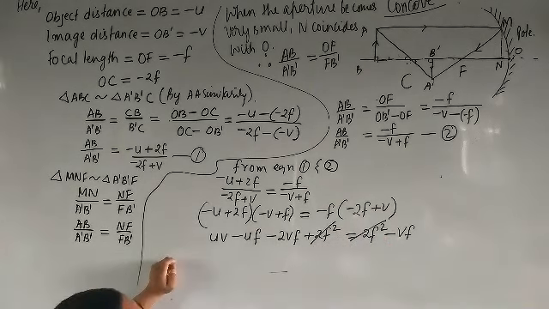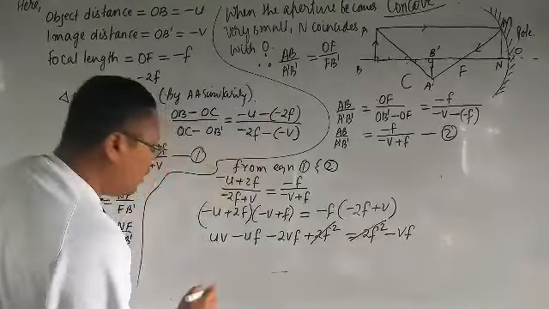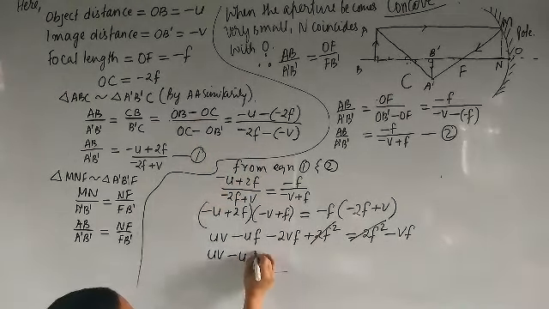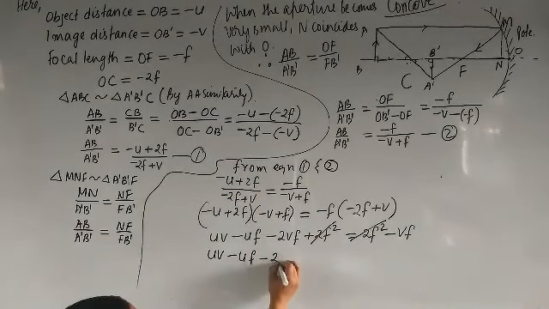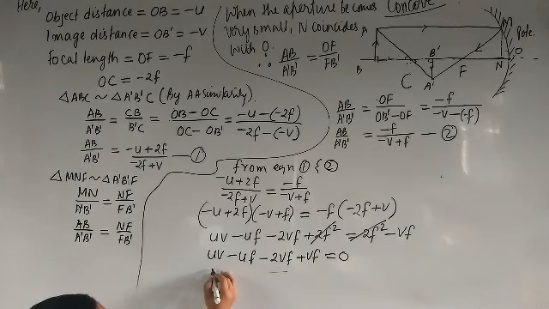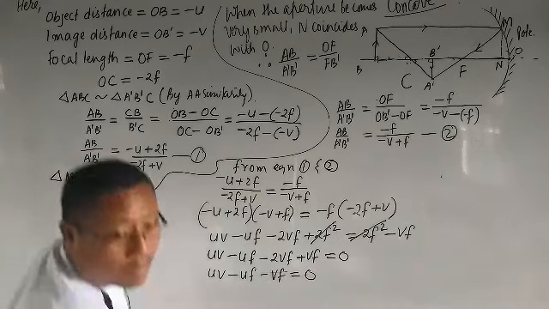Cancel, cancel. Then bring everything to the left hand side, whatever remains on the right hand side. So uv minus uf minus 2vf plus vf equal to 0. So this is uv minus uf minus vf equal to 0.